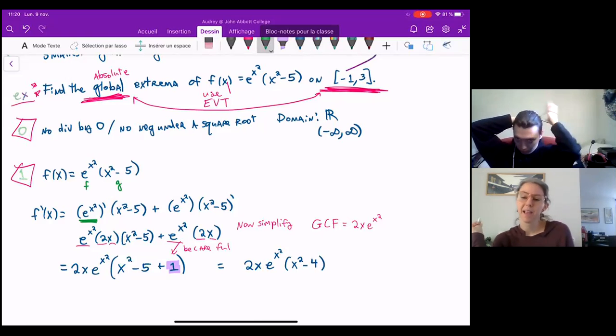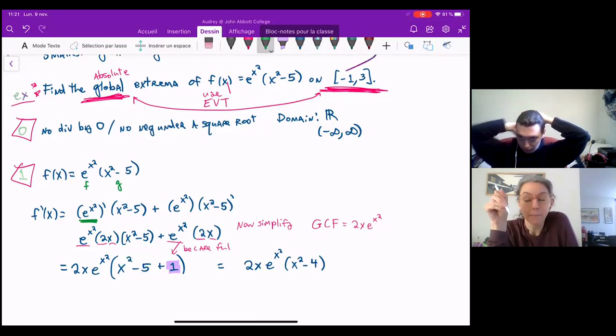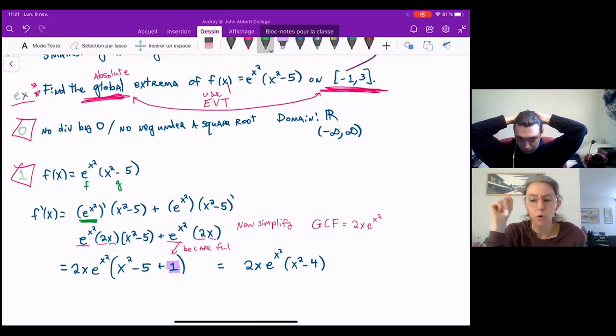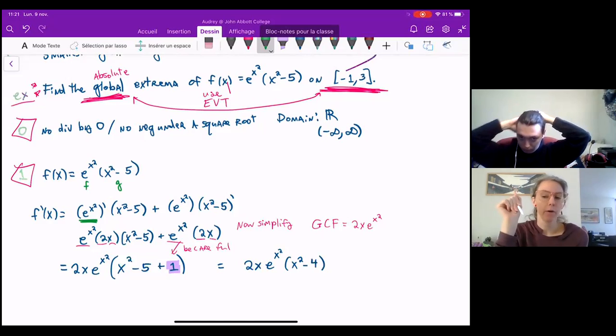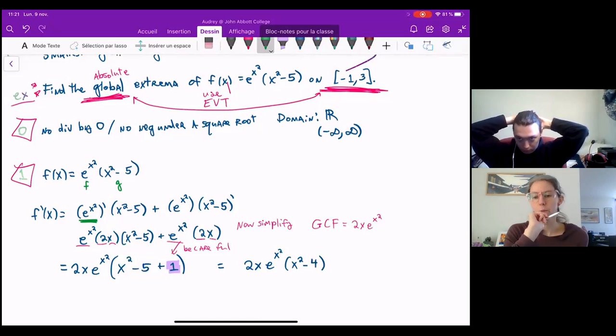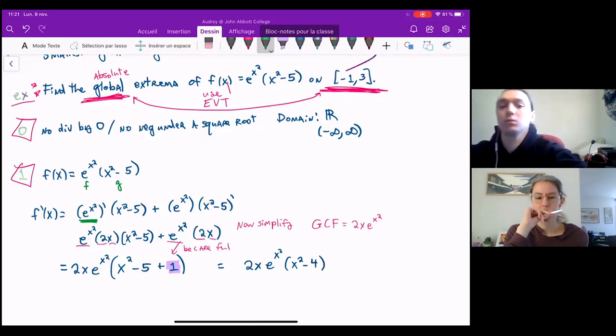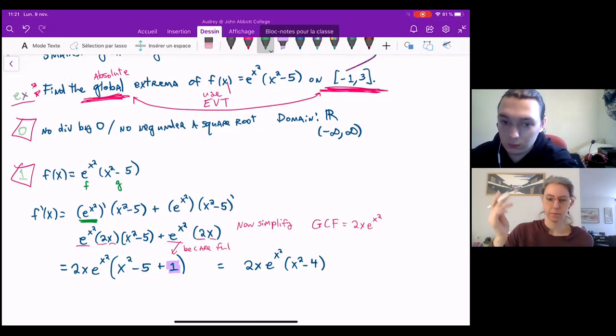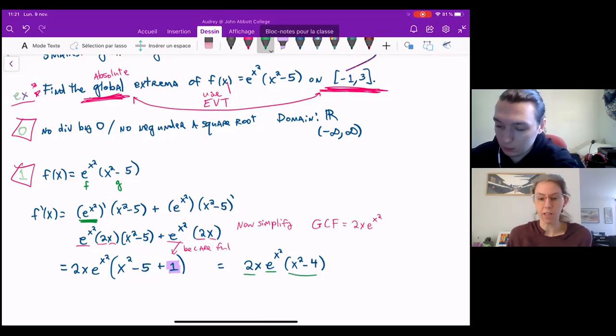Side question. This is a great simplified form for finding critical values, for finding horizontal tangent lines. Is this the good form for finding the second derivative, if I wanted to find a higher derivative? No, because you have a double product rule. I've got like 3 things multiplied together. So what could I do?